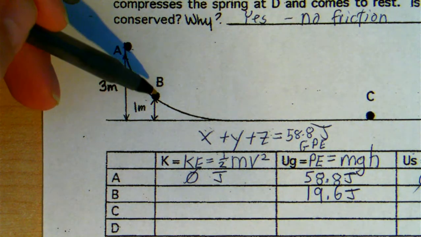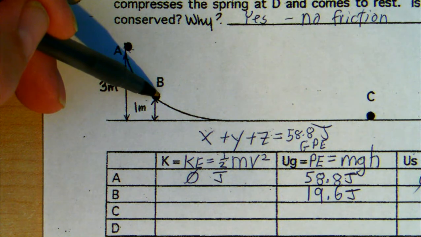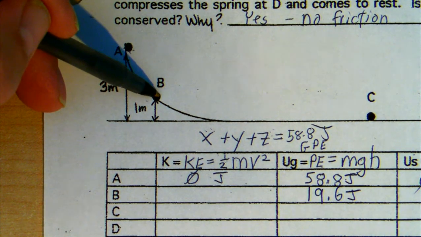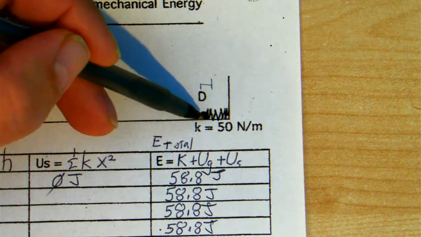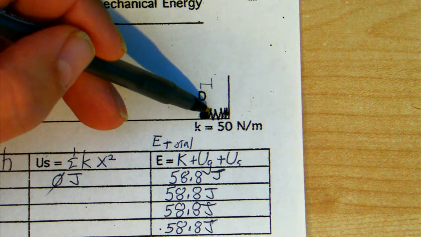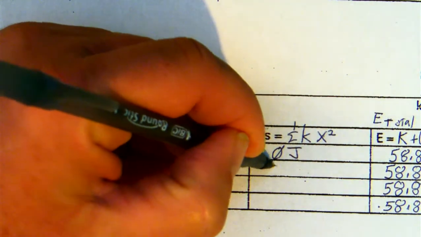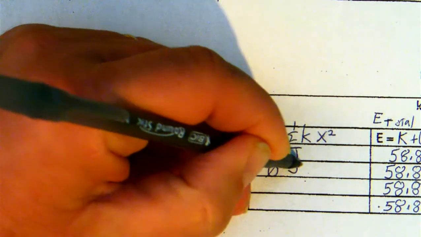Really? So even though the ball is way over here and the spring is way over there, oh man. 0 joules.